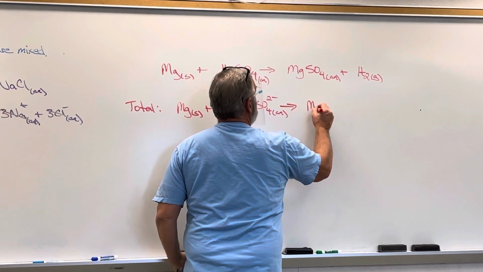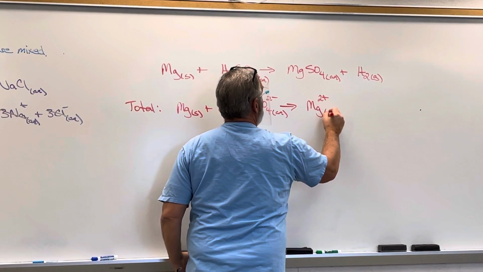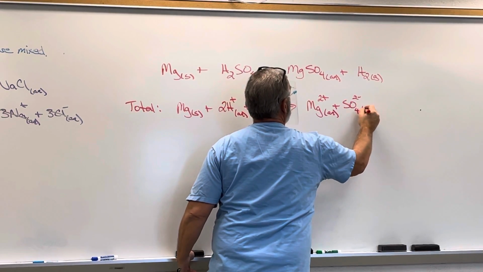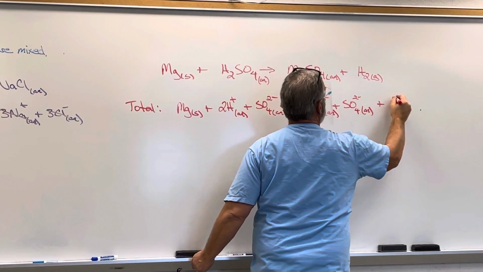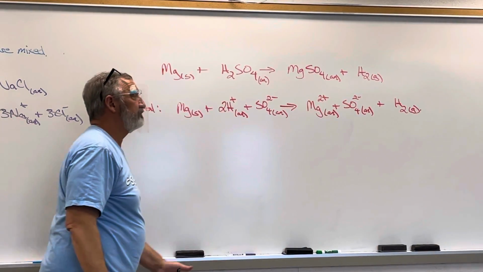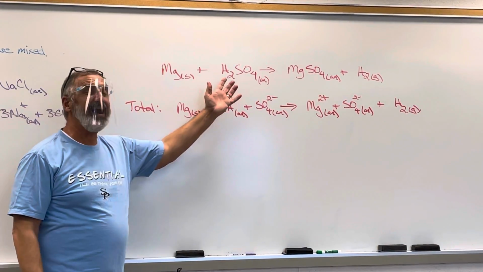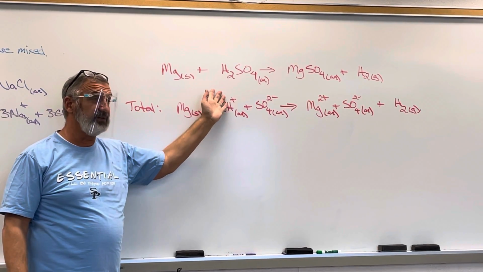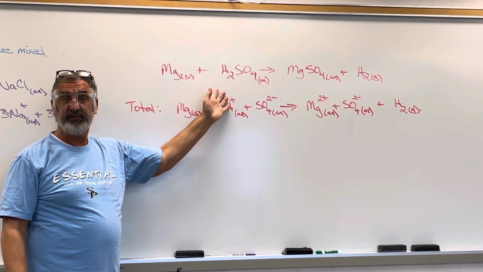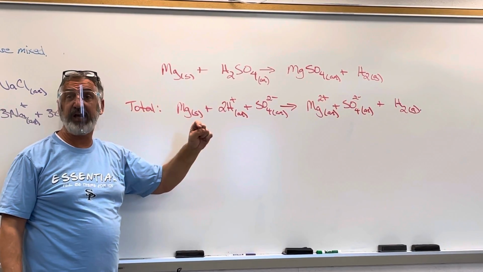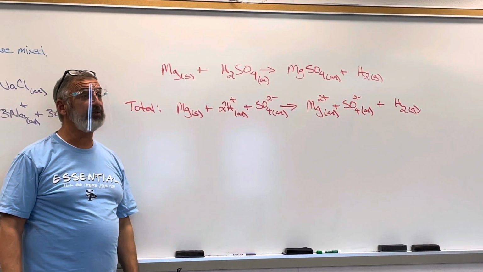It's going to break apart into Mg2 plus aqueous, SO4 2 minus aqueous, but hydrogen stays together because it's a gas. When the hydrogens, oxygens, chlorines, fluorines are combined in a compound, they're not diatomic. It's only when it's chlorine gas, hydrogen gas, oxygen gas, either as a reactant or a product.